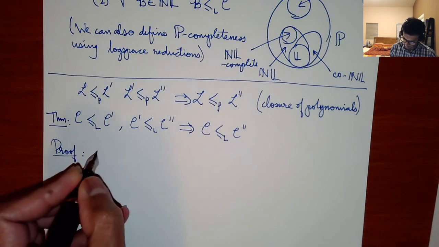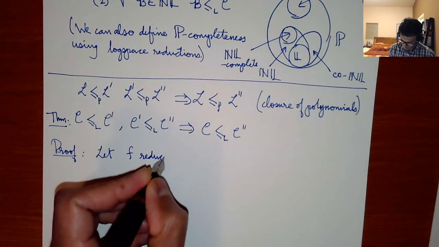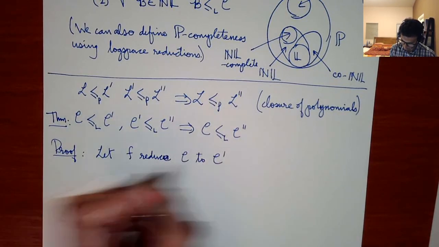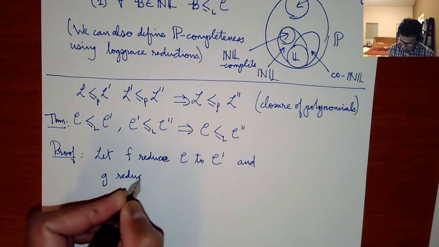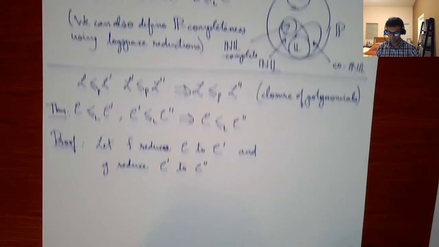So we'll say let F reduce C to C prime and G reduce C prime to C double prime.